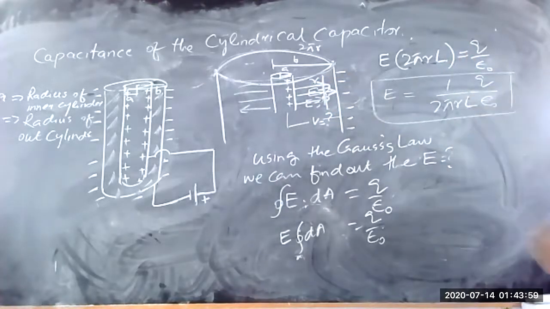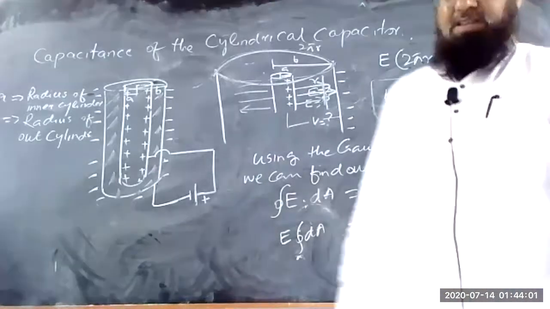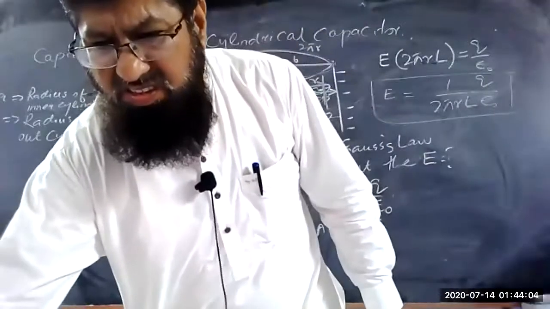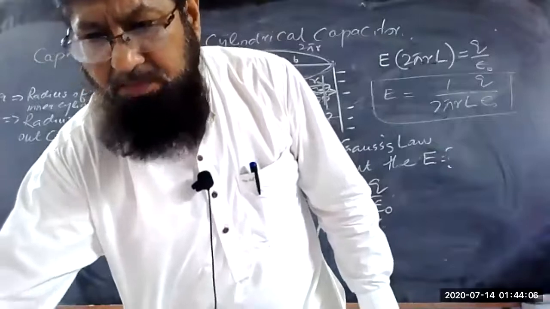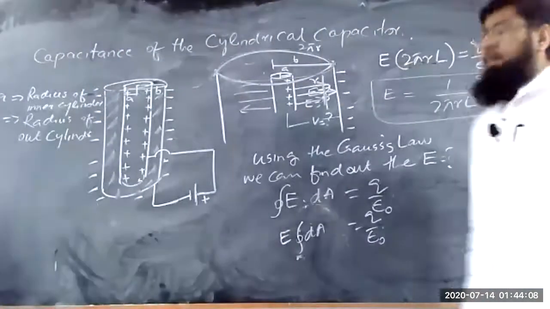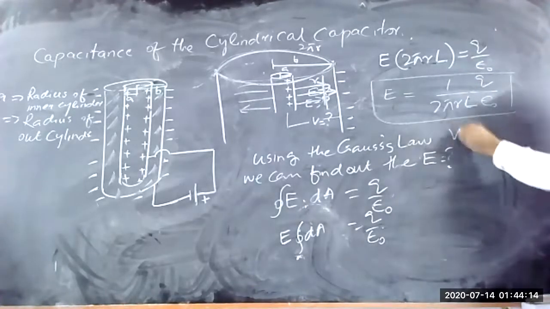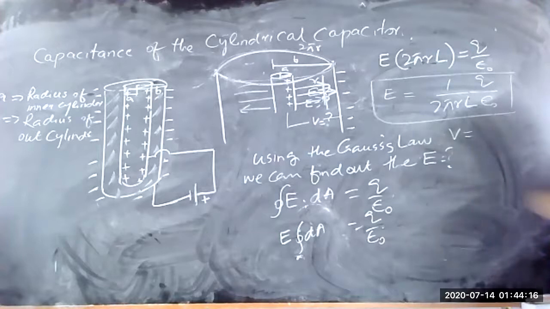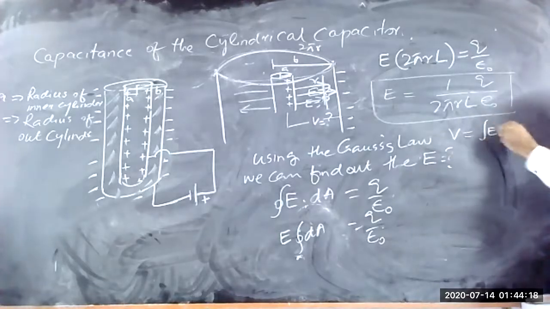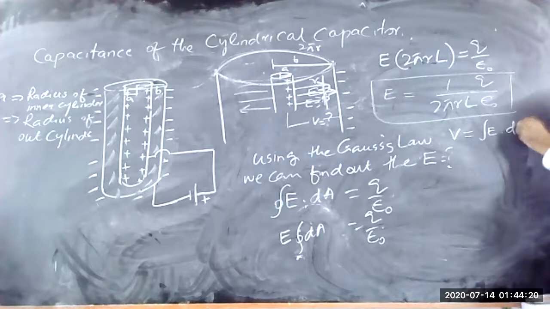अब potential क्या है? What is the potential here? Potential को calculate करना है, किस तरह से करें? V, potential, is defined as the integral of E dot ds.